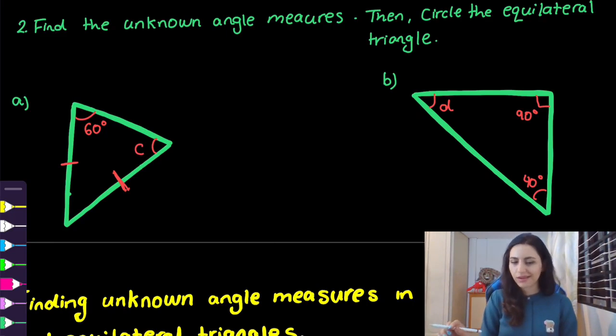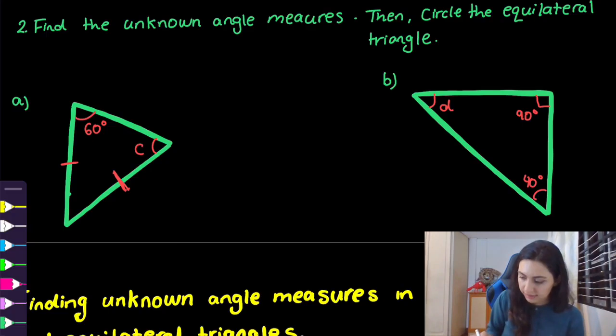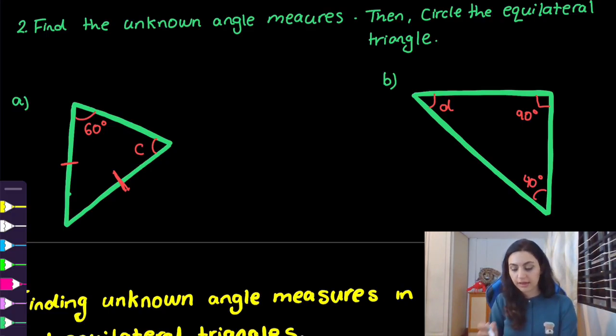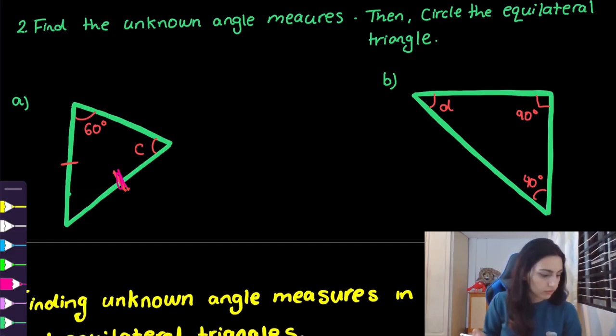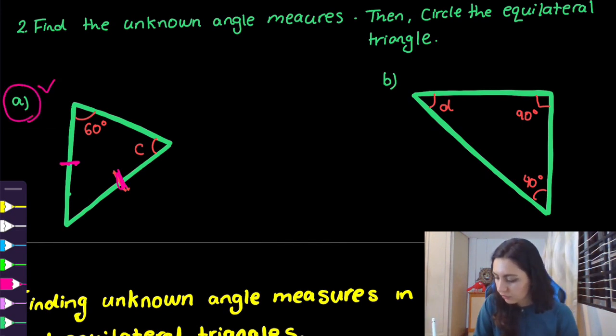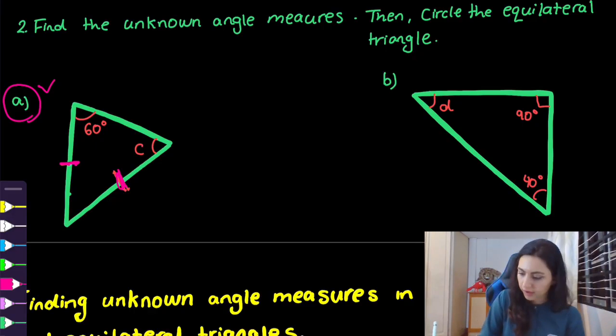Okay, right away I know which one that is, A, because one of the angles is 60, and it says these two sides are equal. But the second one, B, I have 90 degrees here, I have 40 degrees here.